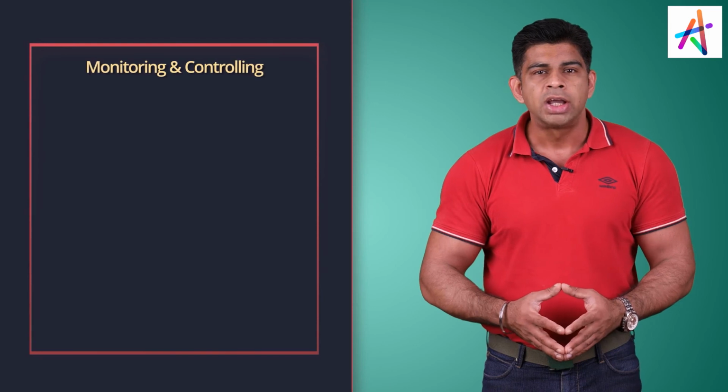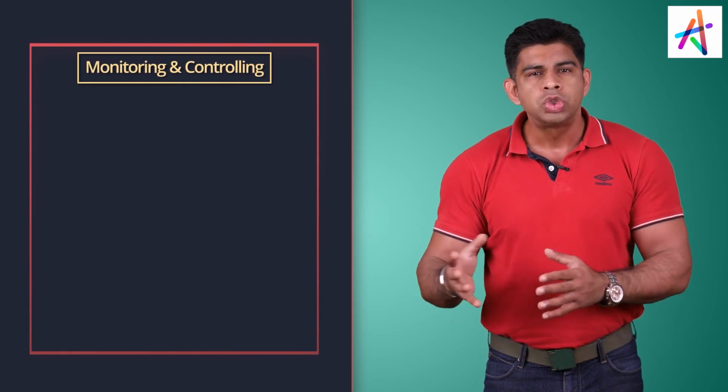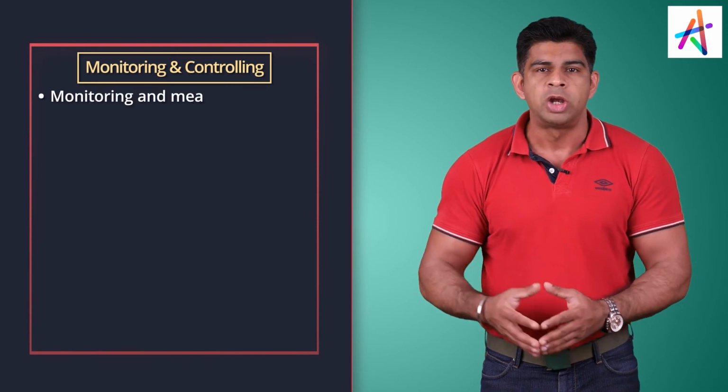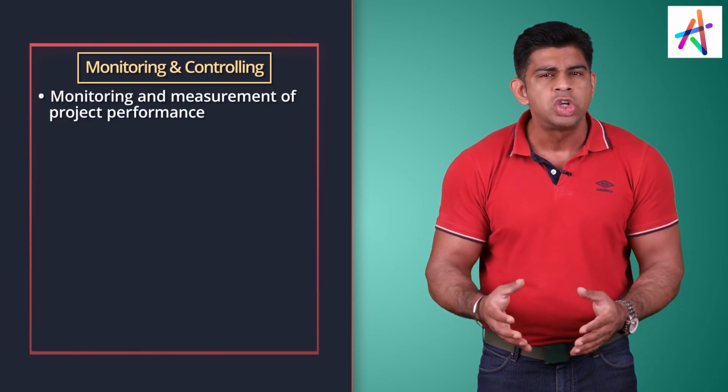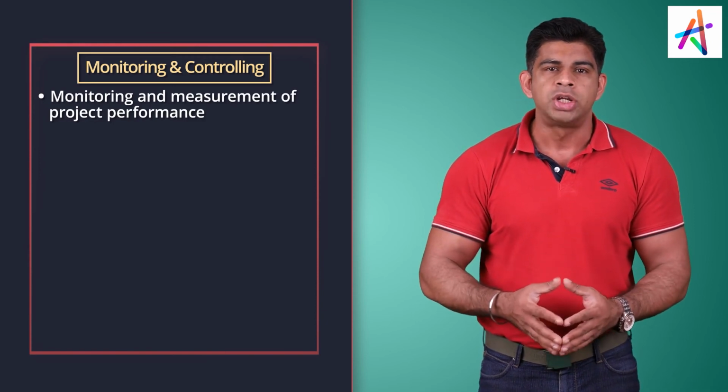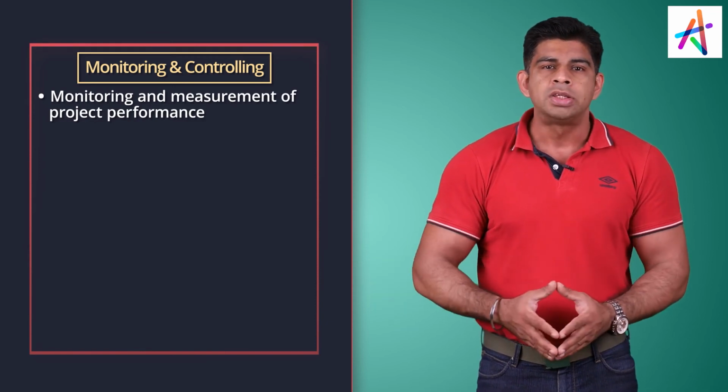The monitoring and controlling process group concerns two main aspects of project management, and these are monitoring and measurement of project performance, making adjustments whenever needed with the goal of maintaining the project on its pre-planned course.